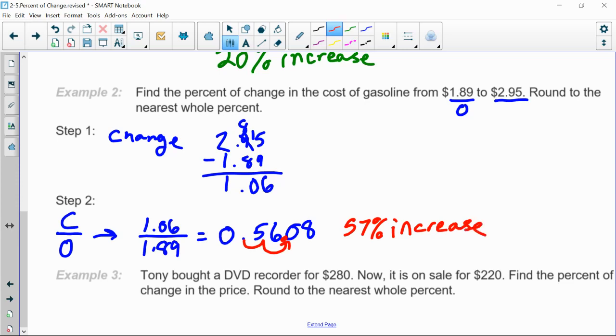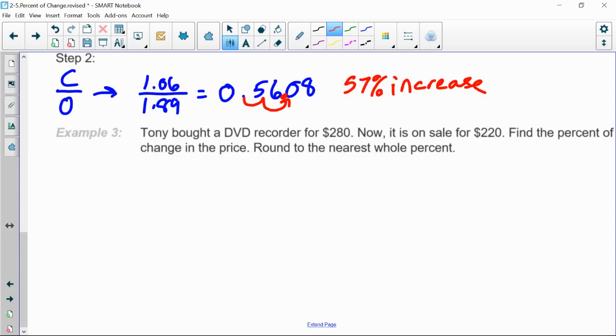Last example. Tony bought a DVD recorder for $280. Now it is on sale for $220. Find the percent of change in price. Round to the nearest whole percent. We take 280 minus 220, which is a difference of 60. That goes on top of our fraction.